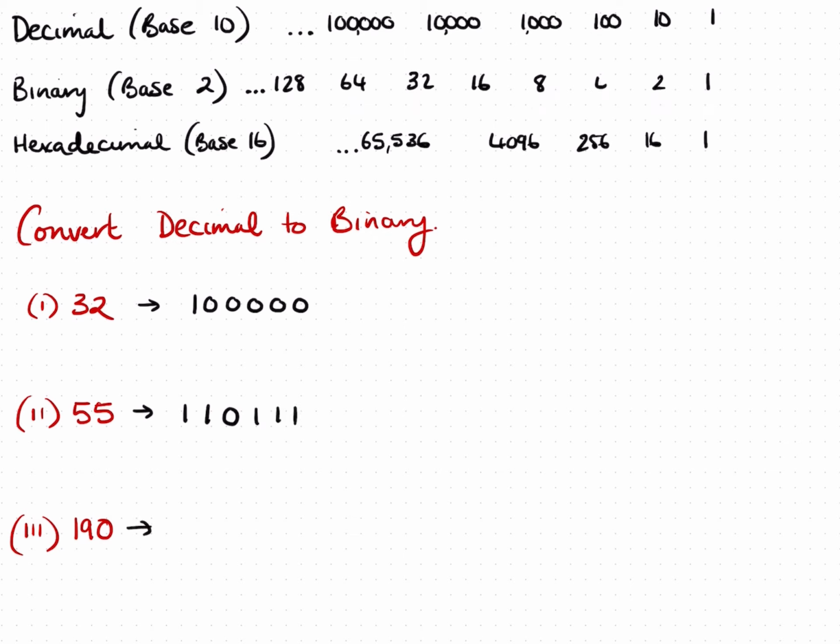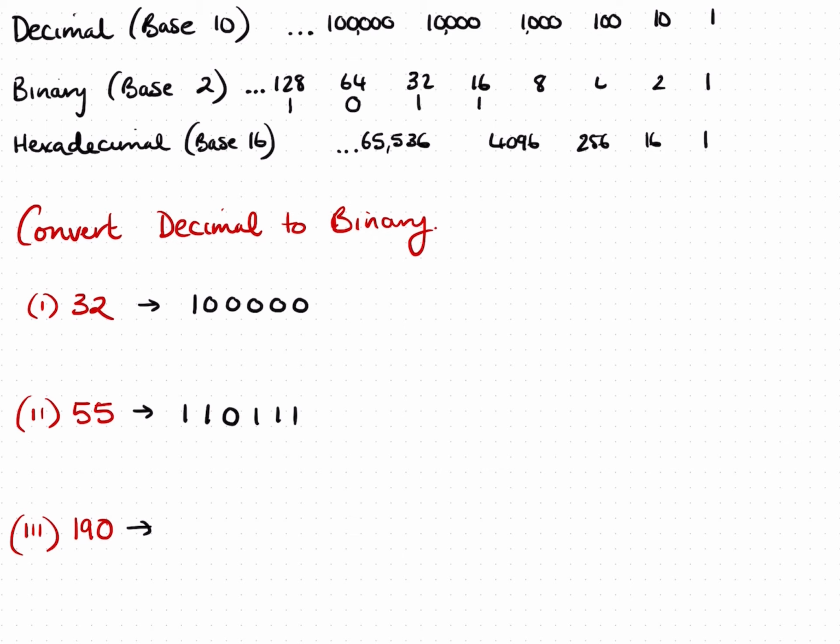In our third example, we've got 190. Again, the next number off to the left that we haven't written down is 256, which is too big. But we do know that we will need 128, so let's mark that in. Using 128 leaves us needing 62. Looking at the next number, 64 is too big, so we can't use it, but we can use 32. 32 away from 62 leaves us needing just 30. 16, we can use that.